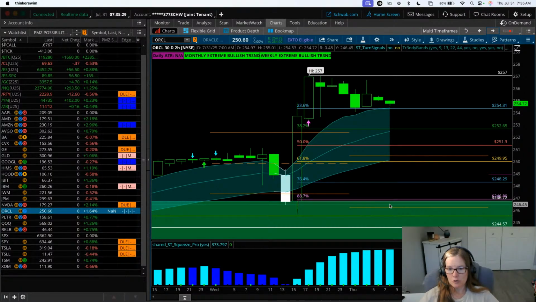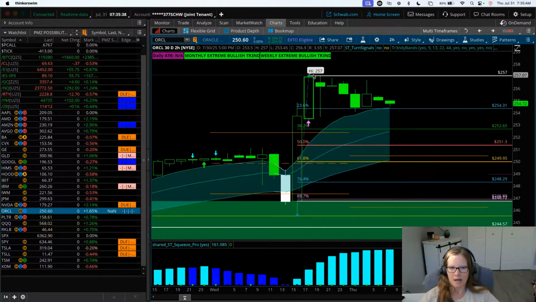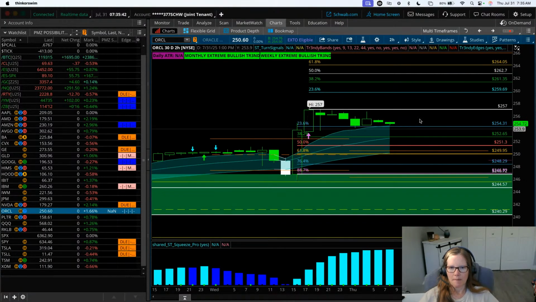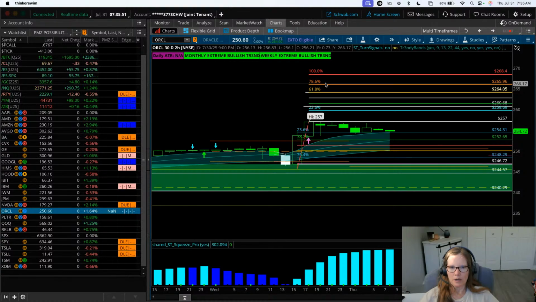This is my actual buy zone though. So, as far as extension targets go, because that is all-time high, I'm going to run those fibs like that. I'm going to mark some extension targets here. All right. And then I will figure a risk to reward.